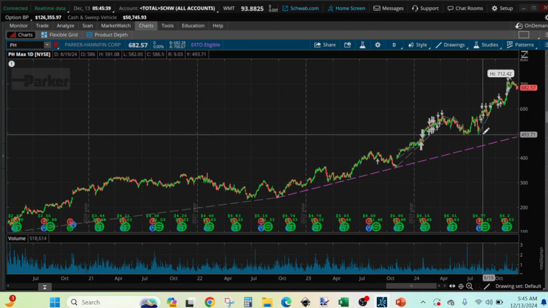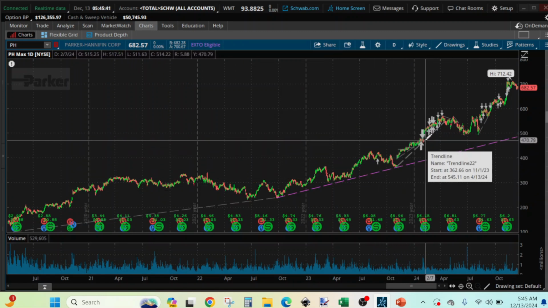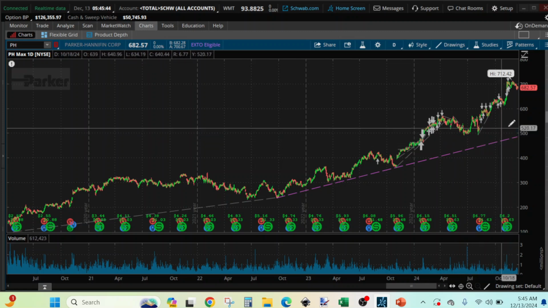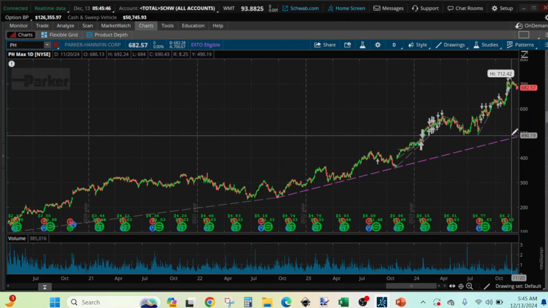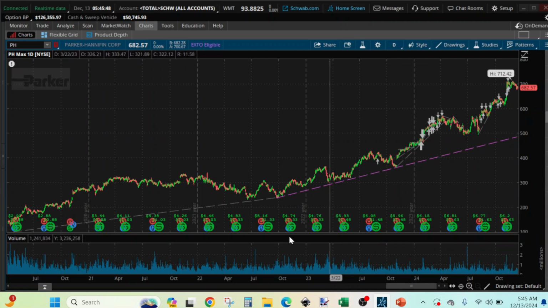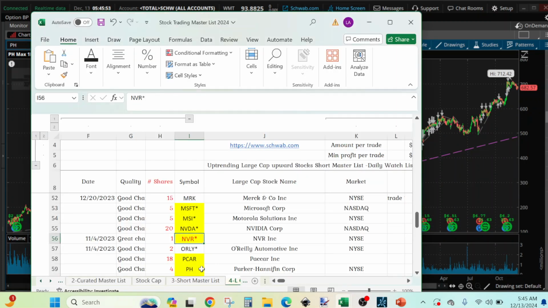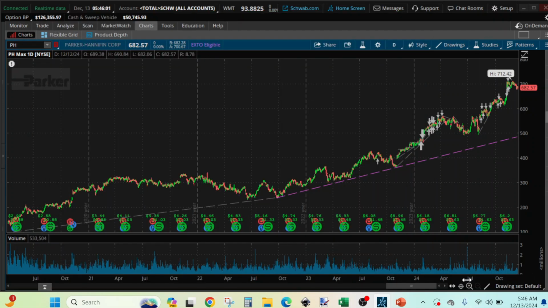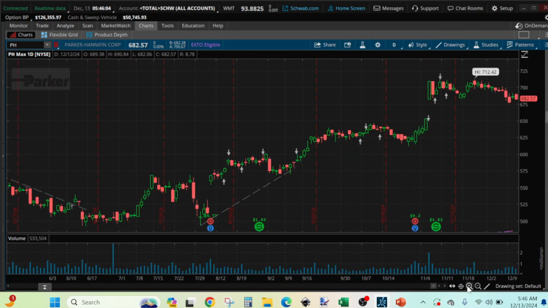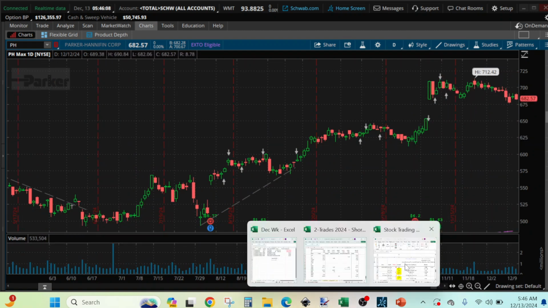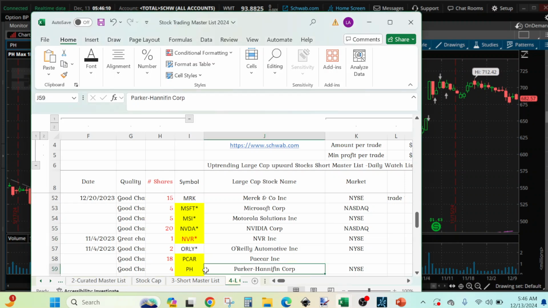Although we have this line here as well, but it's not too far from this one, so we can just wait on it because it touched it quite a bit in the past, and we bought it at a relatively higher price, a higher, let's see here, yeah, we bought it at a higher area.